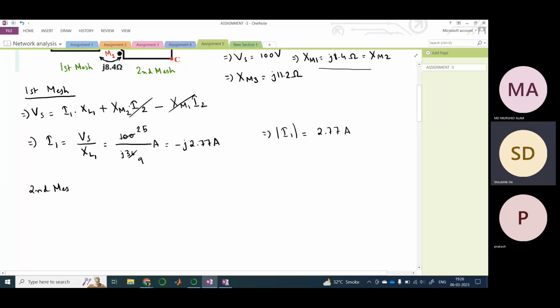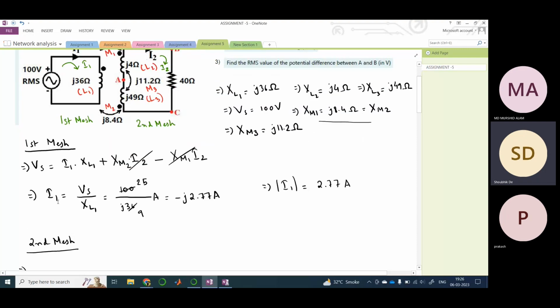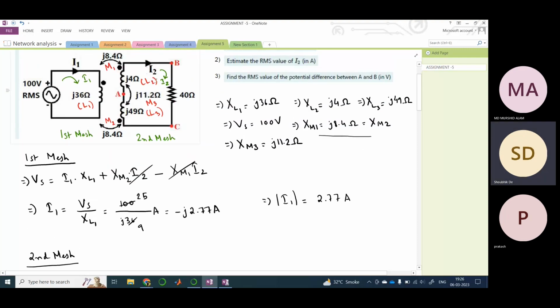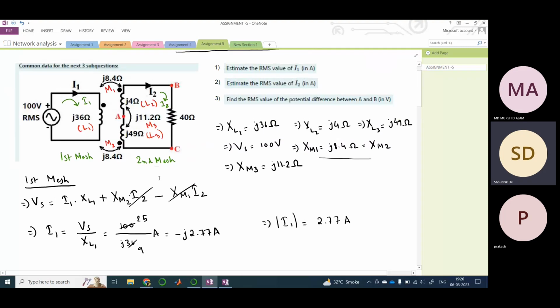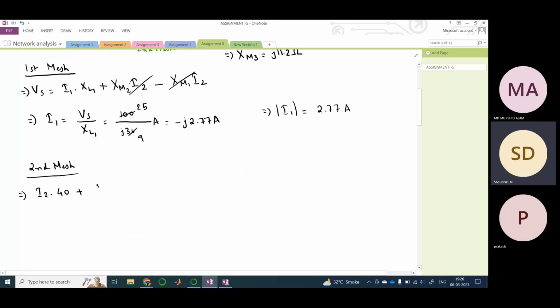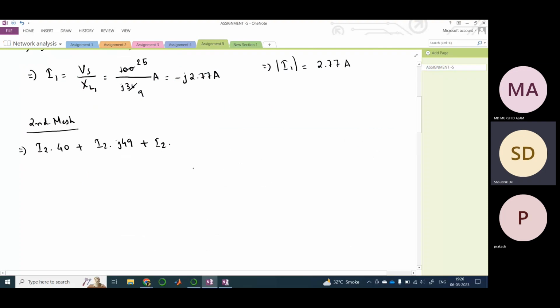Second mesh would be what? Let us write. So first of all, I2 into 40, right, plus I2 into this J49, right? I am not writing the terms here, I am just directly writing it. I2 into J49 plus I2 into the other inductor, this is J4.